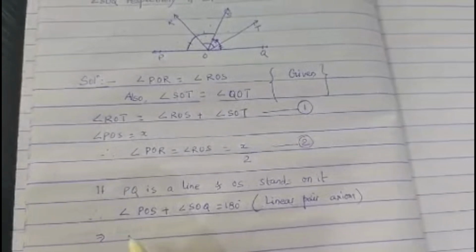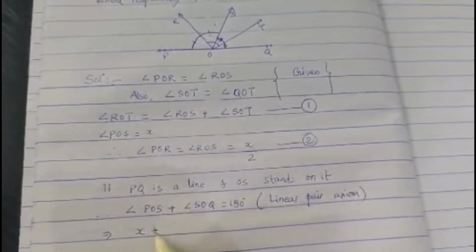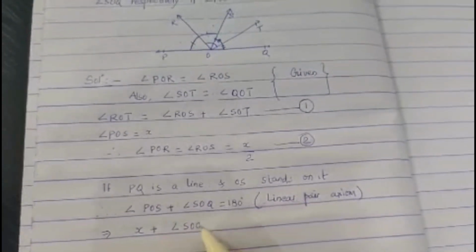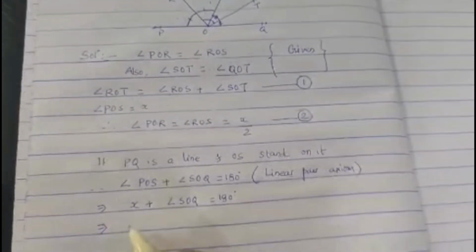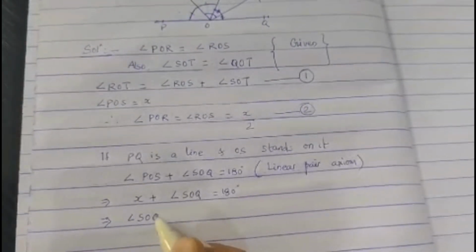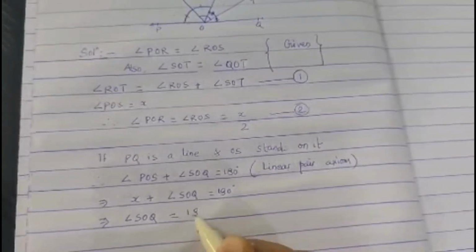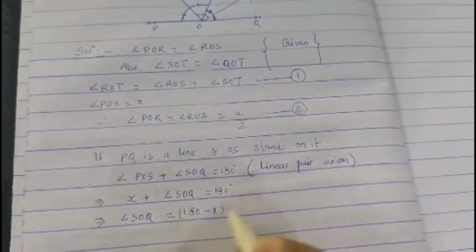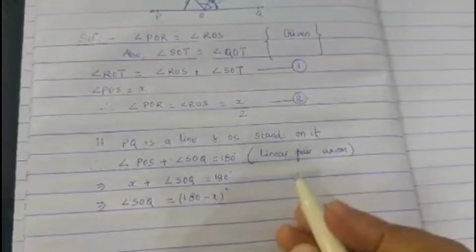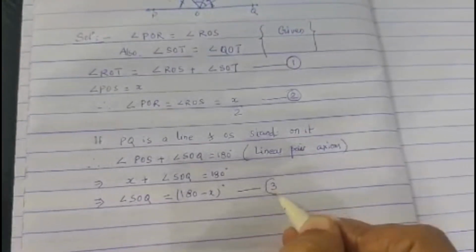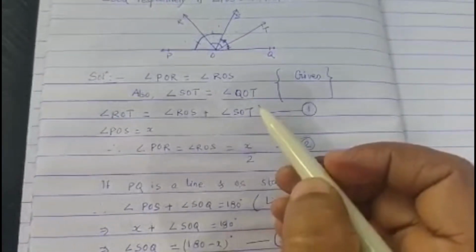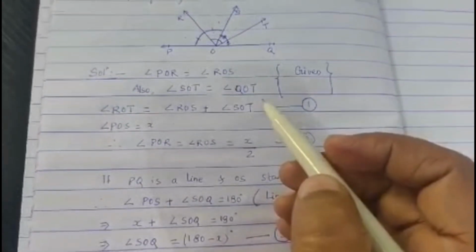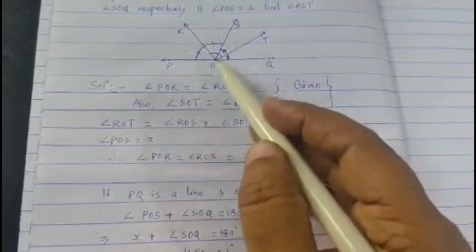This implies POS is X plus angle SOQ is equal to 180 degrees. So angle SOQ is equal to 180 minus X degrees. Let us name it equation 3.